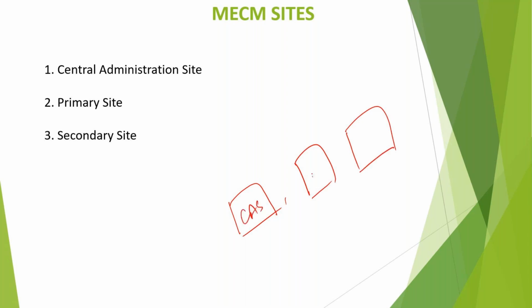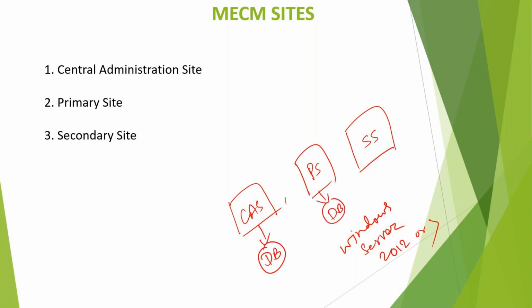So central administration site, primary site, and secondary site are installed on Windows Server 2012 or greater. They need a database. Each one of them needs a separate database. They will store the data, so for data storage, they need a database.